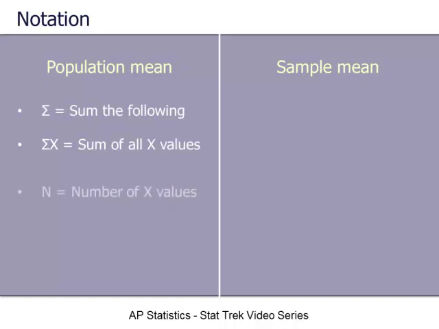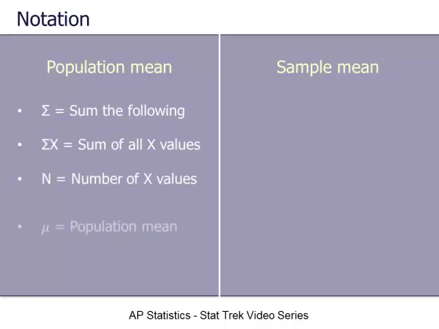The capital letter N represents the number of x values in the population, and the lowercase Greek letter mu represents the population mean. Using this notation, we can express the formula for the mean of the population as follows. This formula simply says that the population mean is equal to the sum of all population values divided by the number of population values.